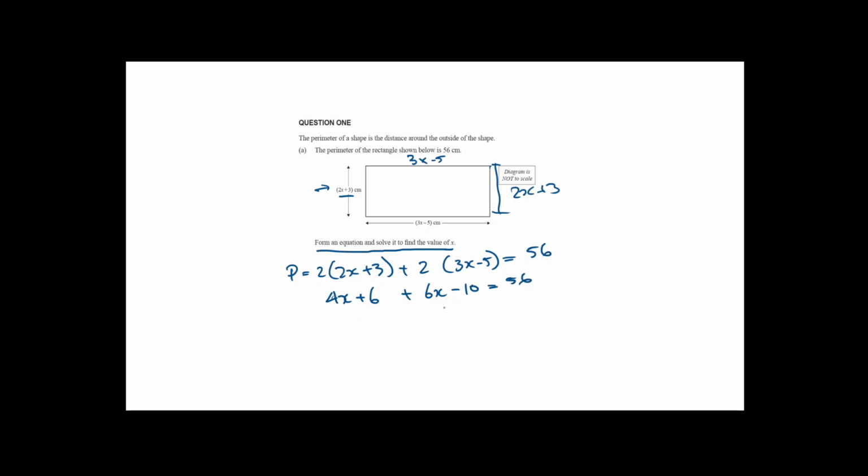So 4x plus 6x is 10x, 6 minus 10 is minus 4, equals 56. I think I can see where this is going. We're going to add 4 to both sides. So 10x equals 60, and then we're going to divide both sides by 10, like a 6 again. So x is going to be equal to 6.